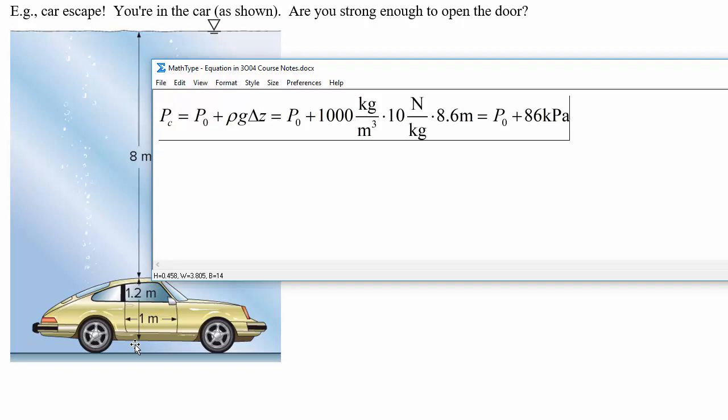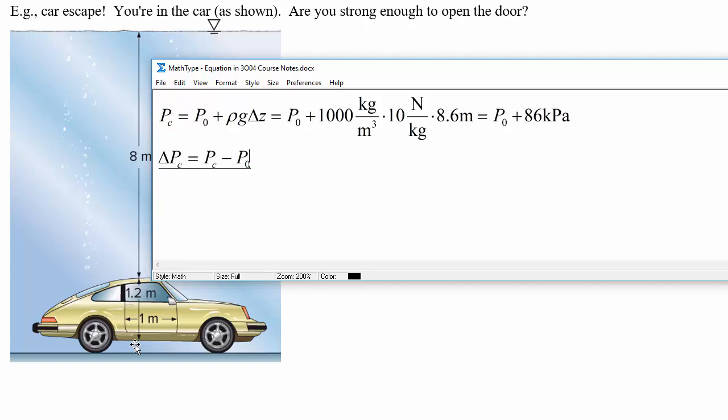So that's the pressure that's on the outside of the door. And what we're really concerned with, because there's air inside the car, assuming that, delta P is going to be the pressure in the center minus the pressure inside, which actually is also 1 atmosphere, we're saying. So that is going to be equal to this 86 kilopascals.